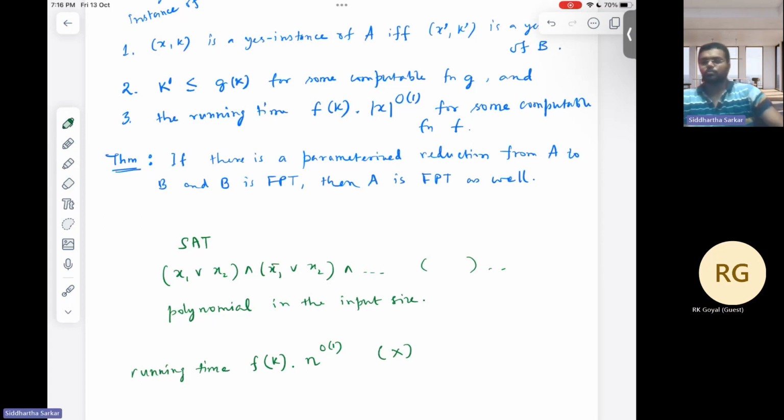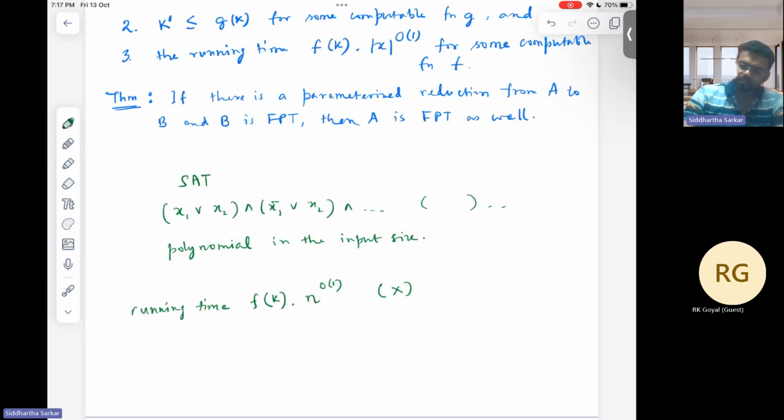No, no, no. So k is not a constant. Consider the question. Let us say we are asking the vertex cover question. So we are asking whether there exists a vertex cover of size k.